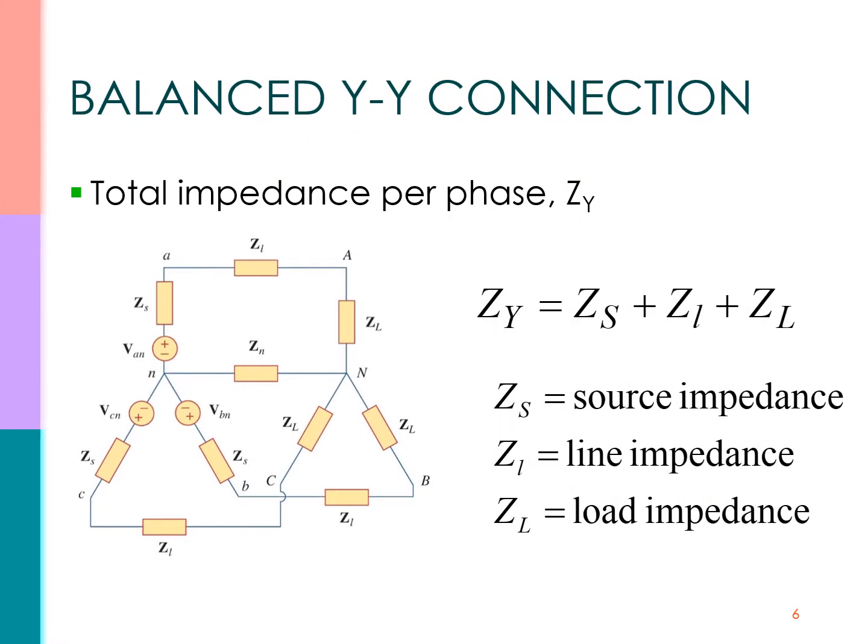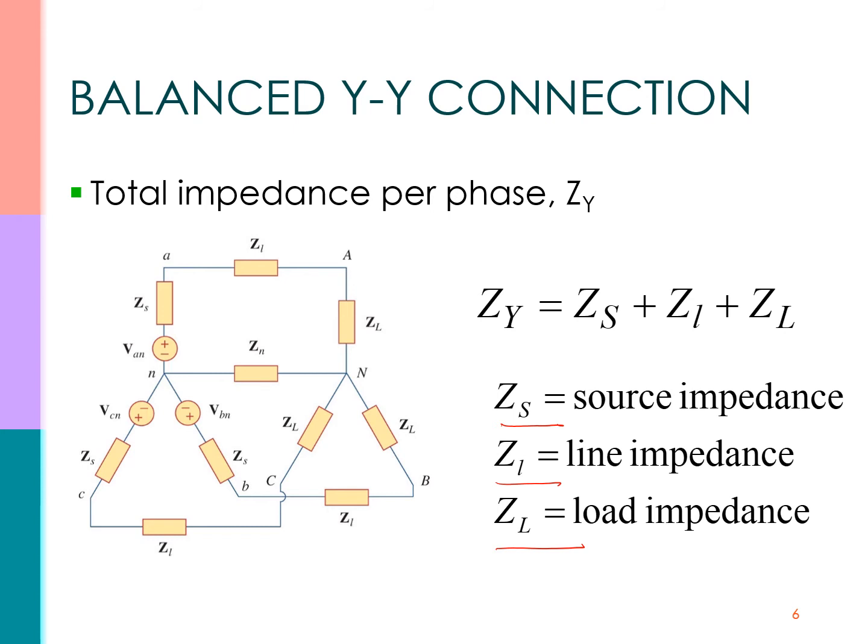Although the impedance ZY is the total load impedance per phase, it may also be regarded as the sum of the source impedance, the line impedance ZL, and the load impedance Z capital L in a balanced YY connection.